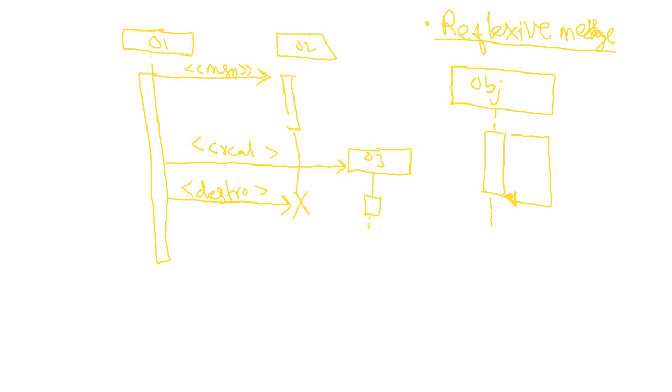This is called a reflexive message. When an object sends a message to itself, it is called a reflexive message. It is indicated with a message arrow that starts and ends at the same lifeline, as shown here. This is an example of a reflexive message.